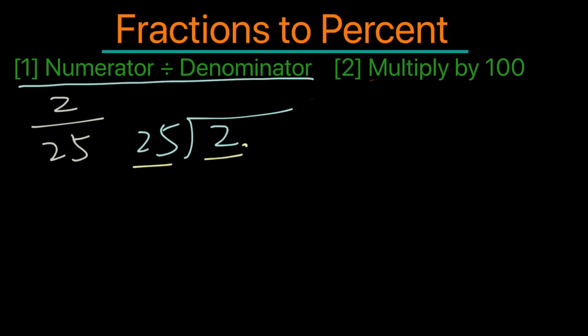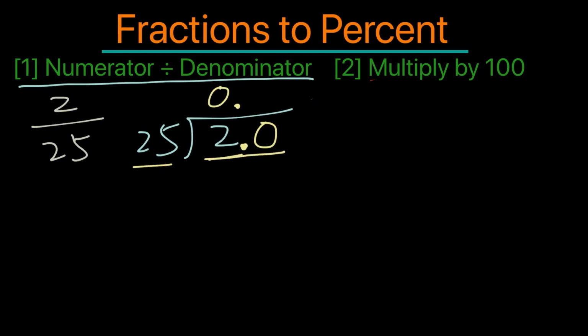So we're gonna put a decimal point here, put a 0 behind it, and do the same on top because no number can go into 25. 25 times 0 will give it, and we'll place a 0 with a decimal point here, like so.